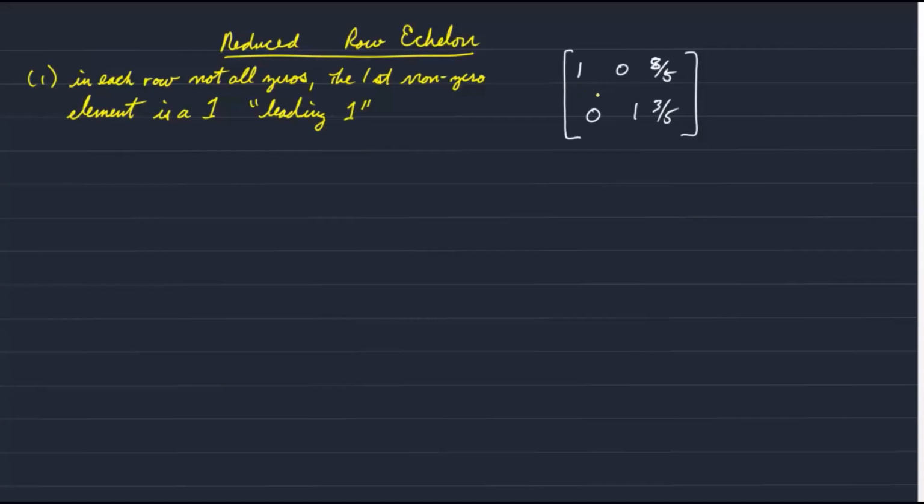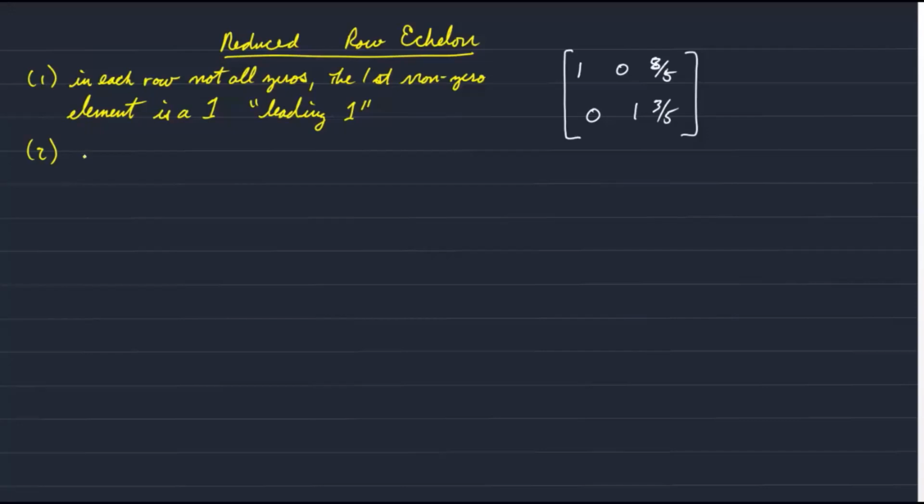So you can see that both of these rows are not all zeros, and so for each of them, the very first non-zero element is a 1, right? The 1 is here in the first row, and the 1 is here on the second row. This is a 0 element, and the first non-zero element in the second row is a 1. So that's one characteristic of row echelon.